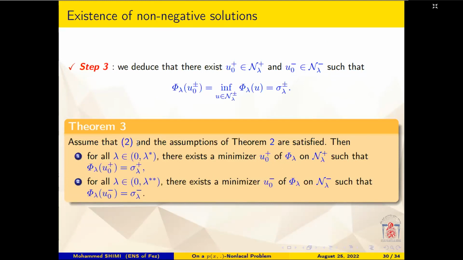So if we assume that assumption 2 and the assumption of theorem 2 are satisfied, we can find a lambda star such that for all lambda belonging to (0, lambda star), there exists a minimizer u0 plus of phi lambda on N lambda plus, and also a minimizer u0 minus of phi lambda on N lambda minus, such that phi lambda of u0 minus equals sigma lambda minus.